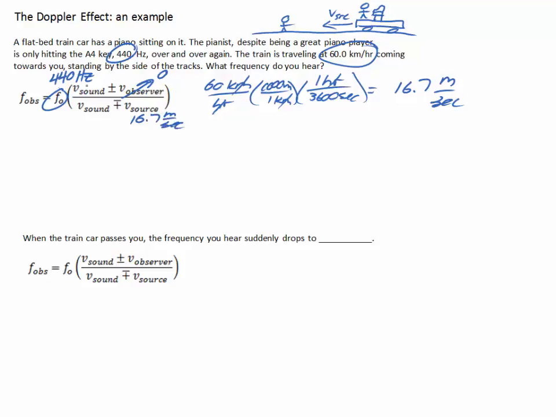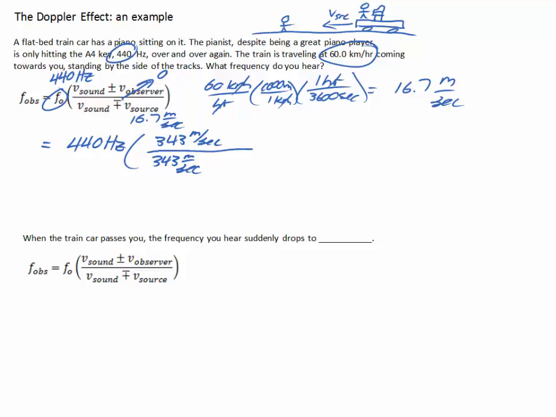The speed of sound, we'll go ahead and use 343 meters per second. So the original frequency, 440 hertz, times the speed of sound, 343 meters per second, plus 0, so we're not even going to bother with that. On the bottom, 343 meters per second.